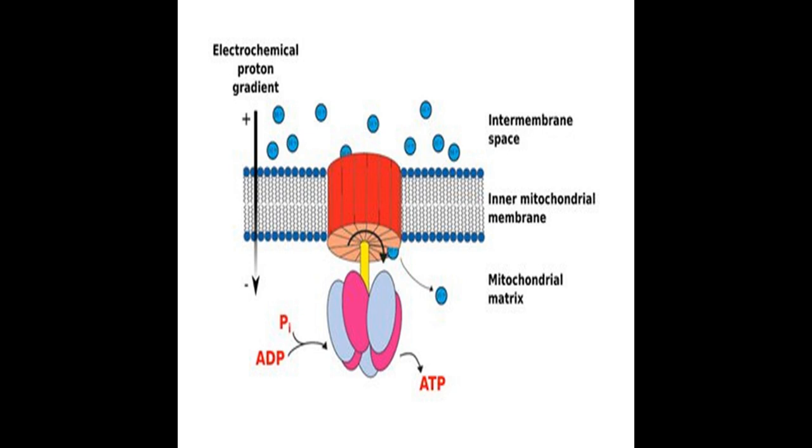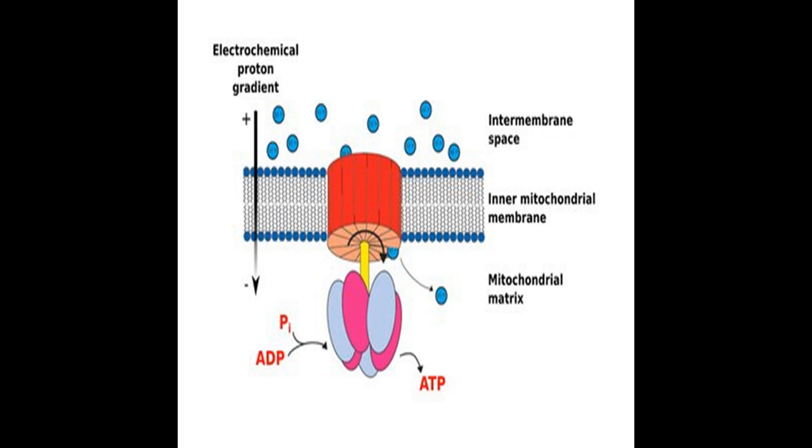So let's look first at the structure of ATP synthase and discuss a few of the mechanisms of ATP synthesis. And in the next video, we're going to look in detail at the phases and the chemistry behind the synthesis of ATP through oxidative phosphorylation.